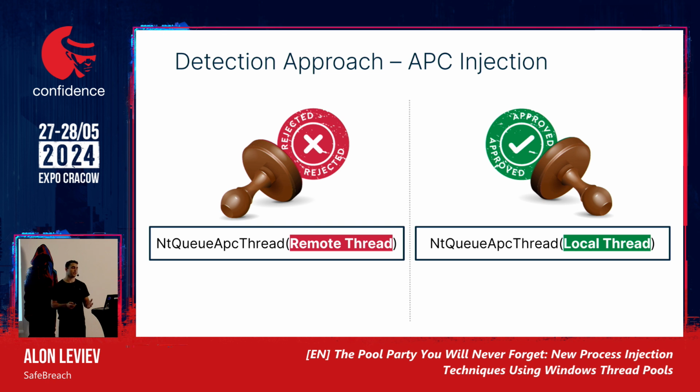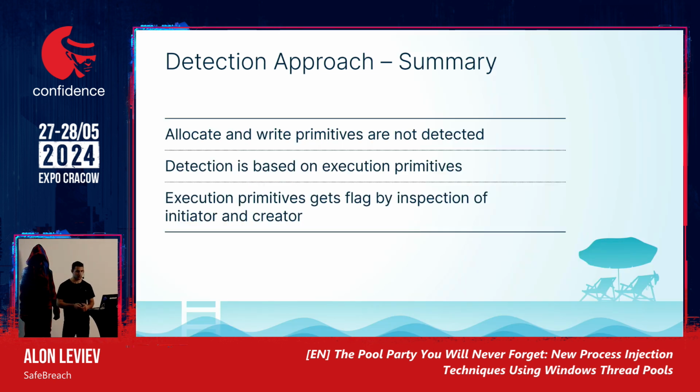And I noticed that EDRs would not usually allow an APC to be queued to a thread belonging to processes other than the current process. So very similar to the thread creation detection. In summary, write and allocate primitives in their most basic forms are not detected. The detection is based on execution primitives, and the execution primitives are detected based on comparing the initiator versus the creator of an action.